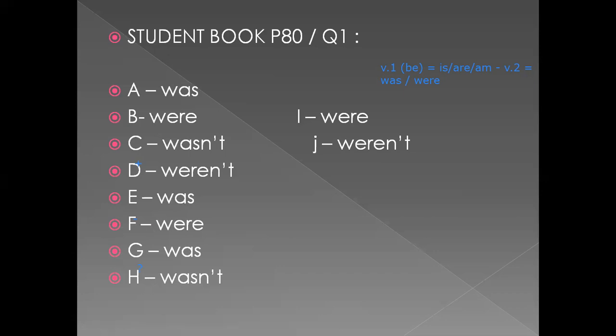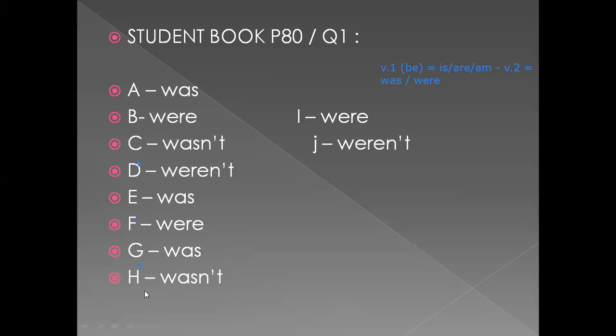Let's move to the short answers. In sentence G, whenever I have an answer that starts with yes, with I, he, and she, I should use was. Yes, I was. Yes, she was. Yes, he was. And yes, it was.